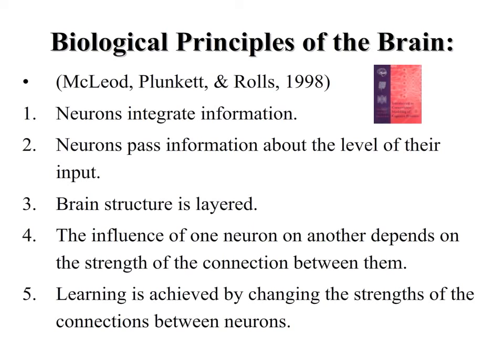They then pass information about the level of their input, whether a specific threshold has been reached or not. Brain structure tends to be layered. The influence of one neuron on another depends on the strength of the connection between the 2 neurons. And learning is achieved by changing the strengths or the weights of the connections between the neurons.